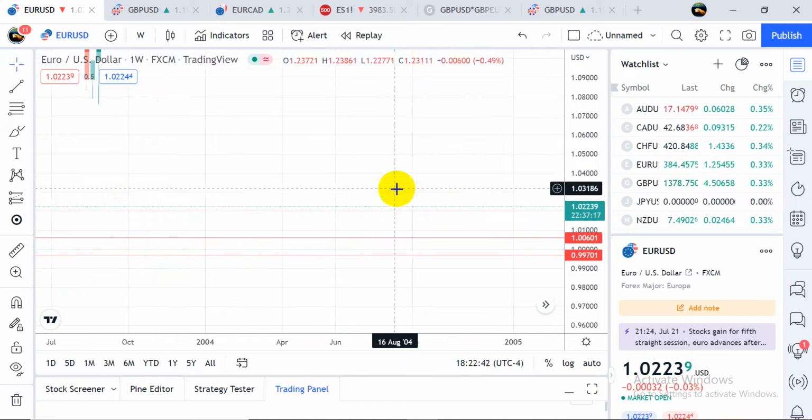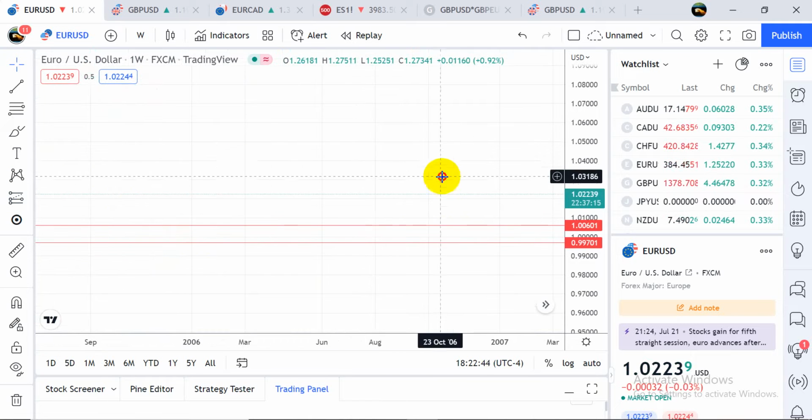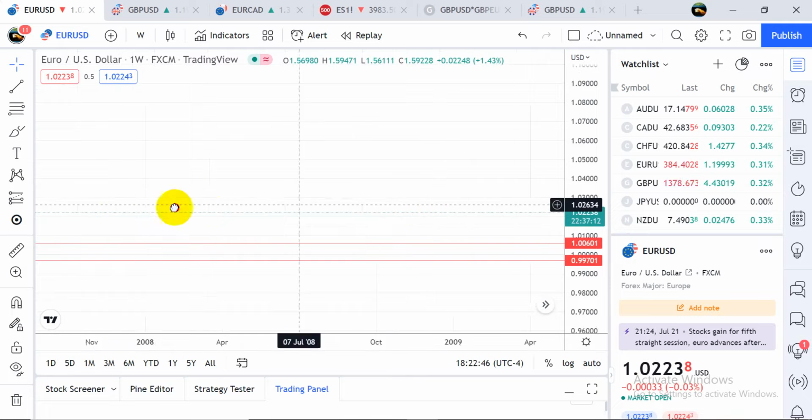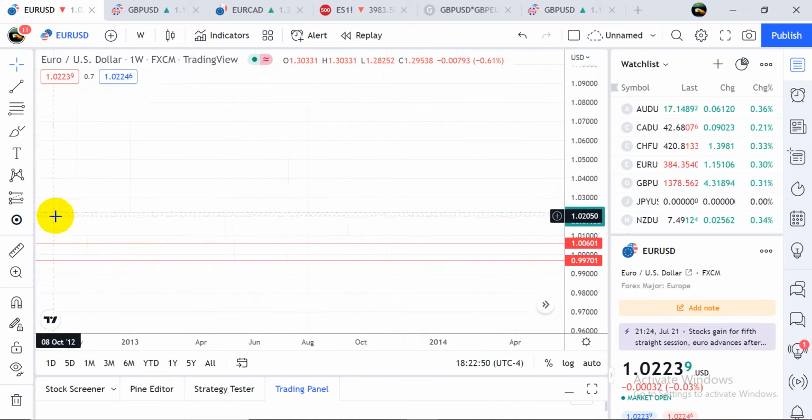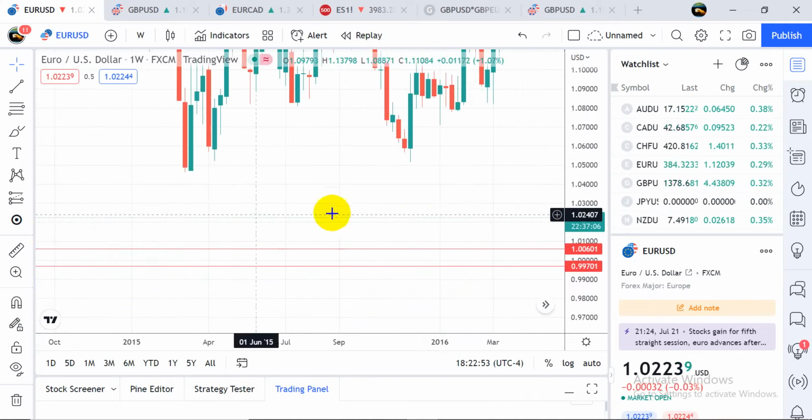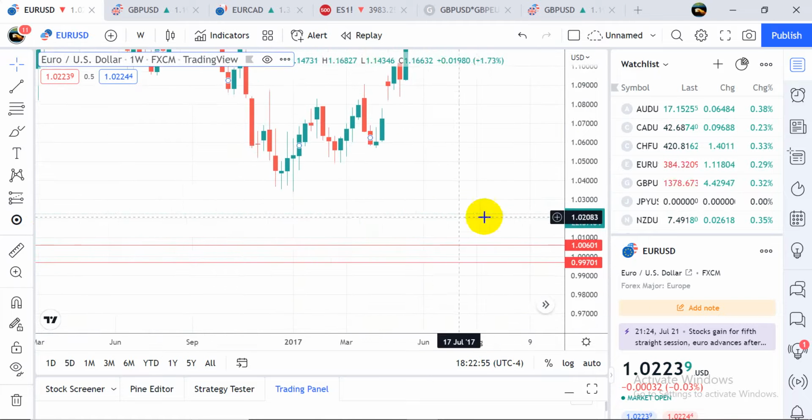So that is exactly what price is reacting to on Euro USD on the weekly time frame. So that is what price is actually reacting to right now.